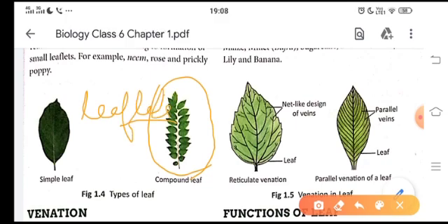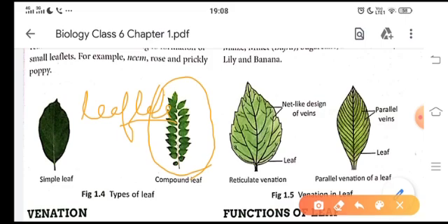These small leaves arise from the margin of the leaf blade. The leaf blade cuts and forms these small leaves and a single midrib is there. For example, a common example is rose and neem leaf. So, in rose and in neem leaf, compound leaves are present.